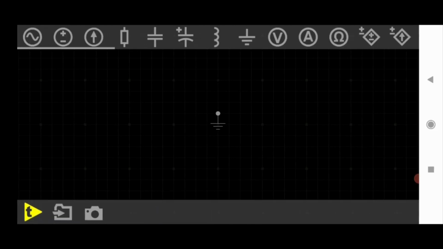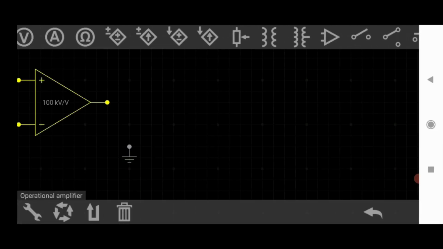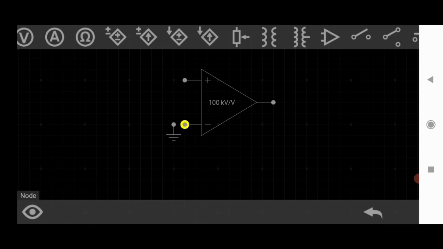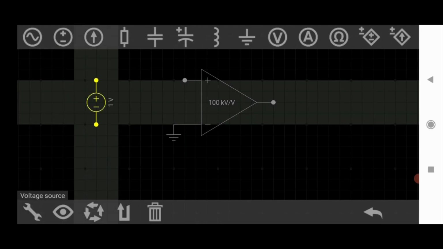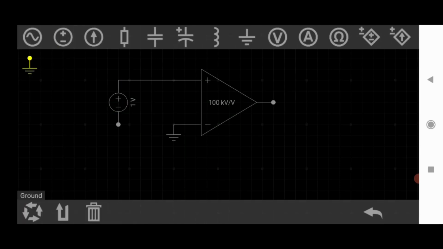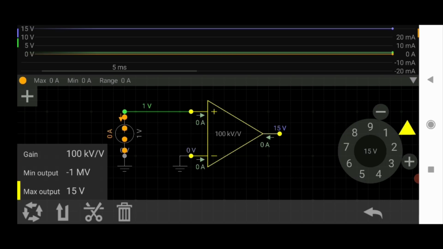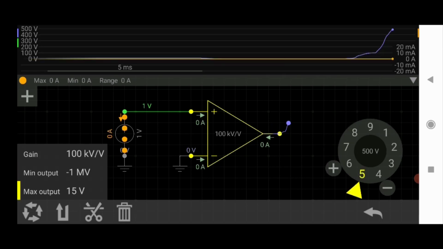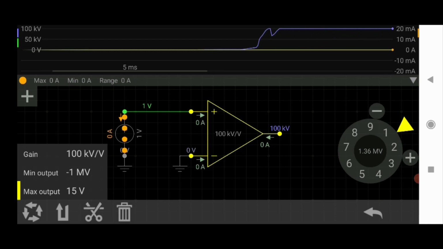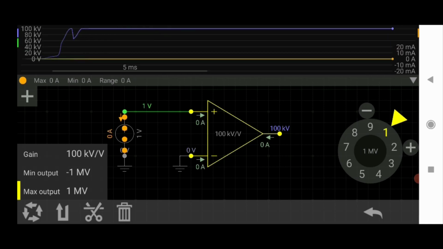Let us see this by a practical example. We have taken an operational amplifier and grounded its inverting terminal and applied 100 mV DC signal at non-inverting terminal. We set the upper bias voltage V plus to 1 MV and lower bias voltage V minus to minus 1 MV.